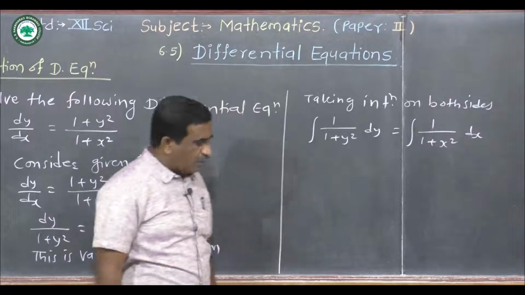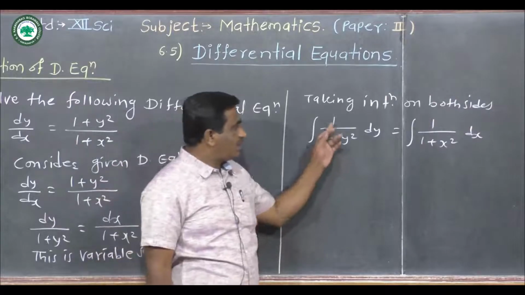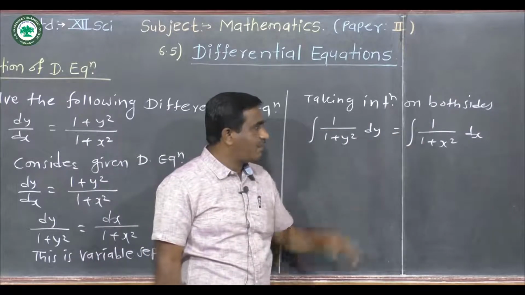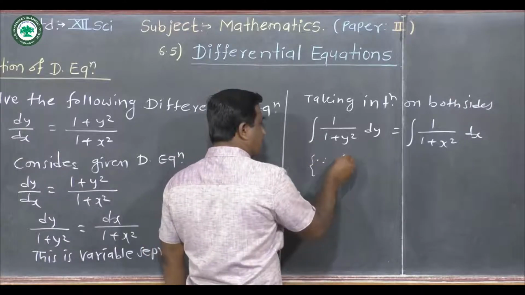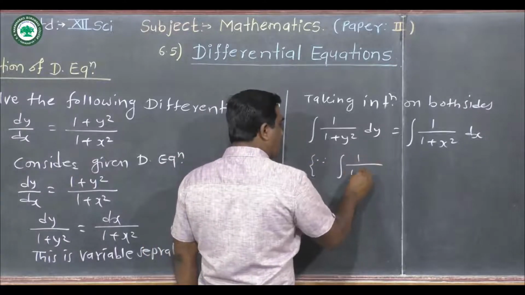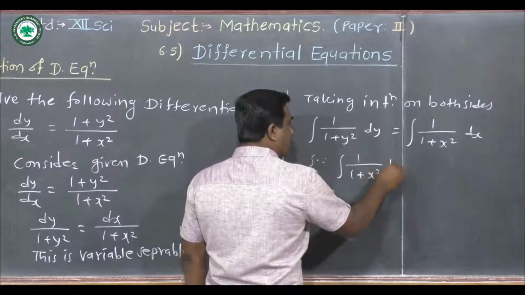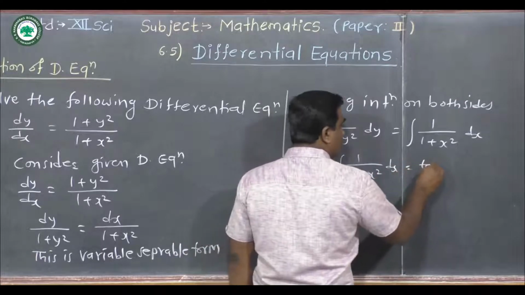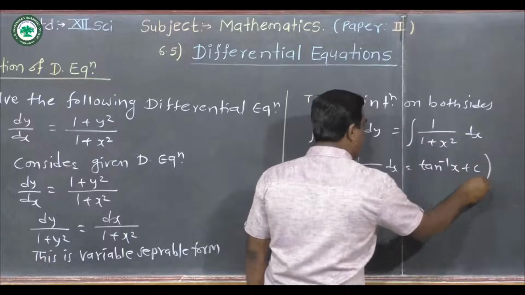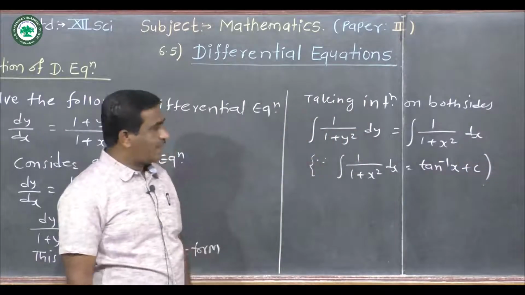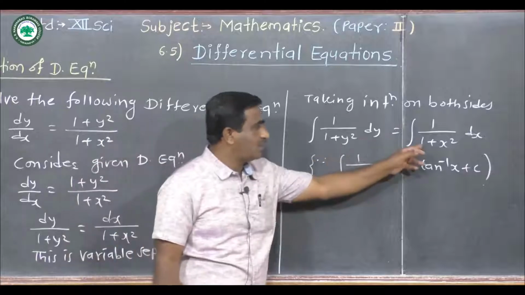Now we can find the integrals of these. We know the formula that integral of 1 upon 1 plus x square dx is equal to tan inverse x plus c.